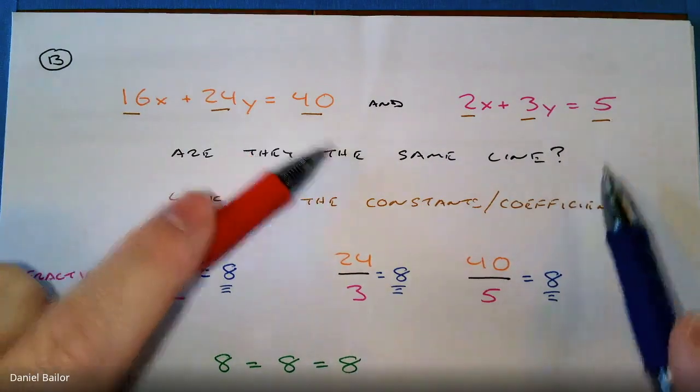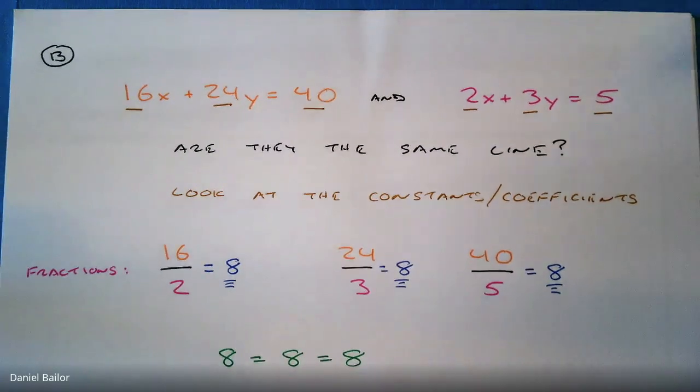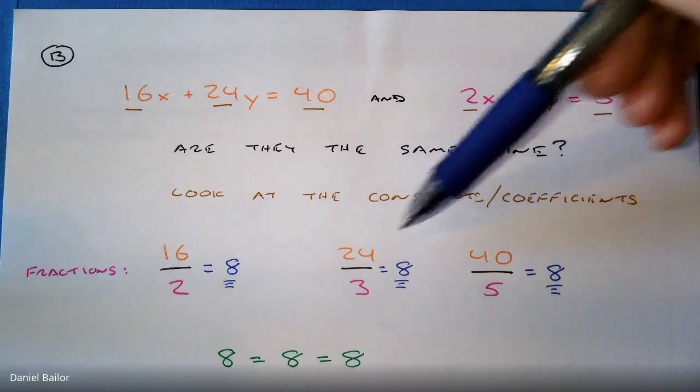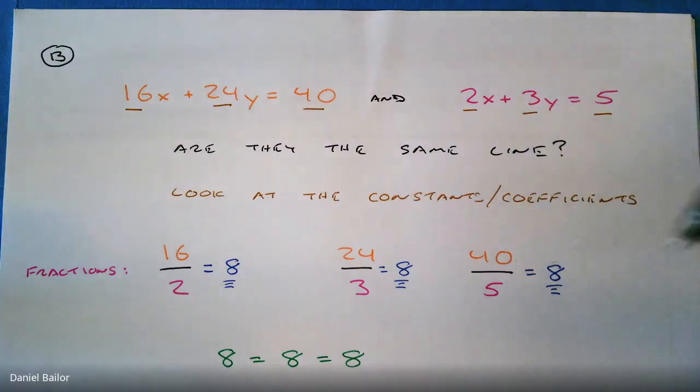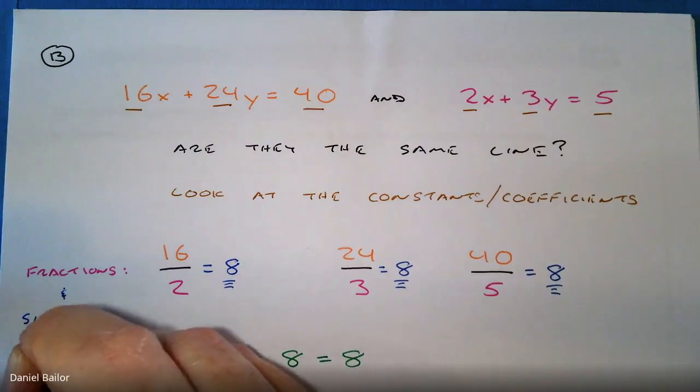The 40 and the 5 go together. Now I have three fractions, 16 over 2, 24 over 3, and 40 over 5. Now I simplify the fractions.